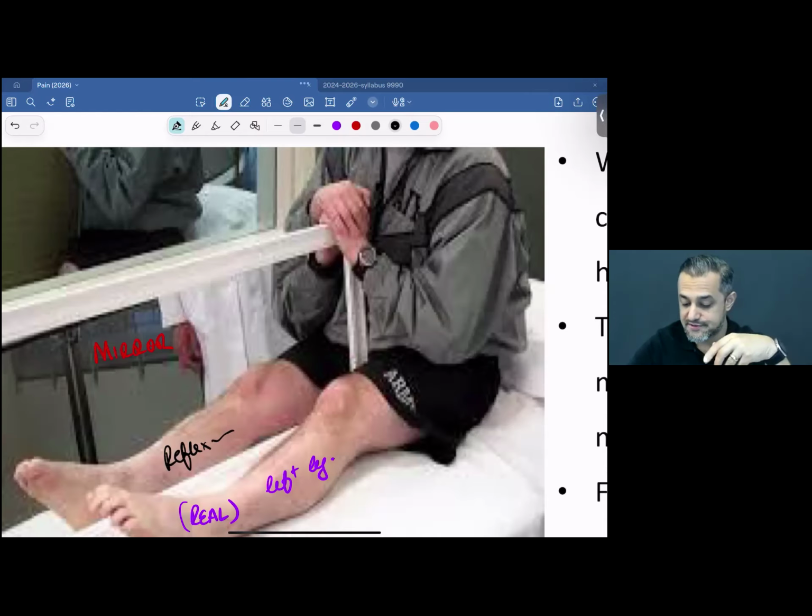So this person, this is his left leg, and on the other side of the mirror, there's this right leg that in reality does not exist. And this patient sees a reflection. This is a reflection of the real leg, which tricks his mind to believe that the left leg exists. So, it's pain, since we're referring to it as phantom limb pain, phantom, fake, and not real.